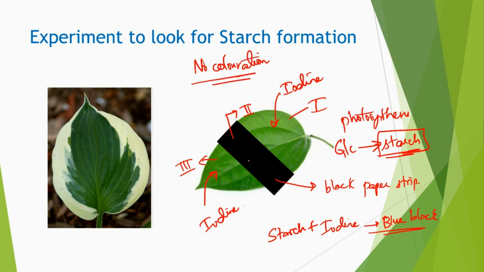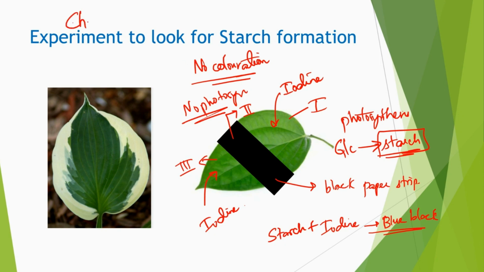Why is it so? This is because the black paper did not allow the light to reach the pigments present inside the chloroplast, as a result of which no photosynthesis takes place. So there will be no glucose formation and hence no starch formed in this region. Therefore, there is no coloration.